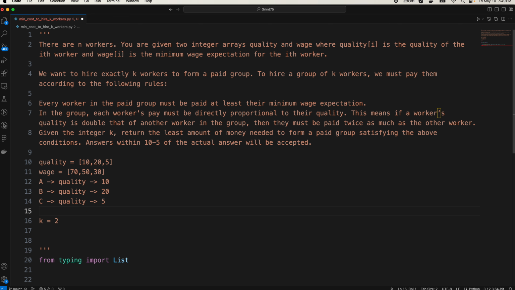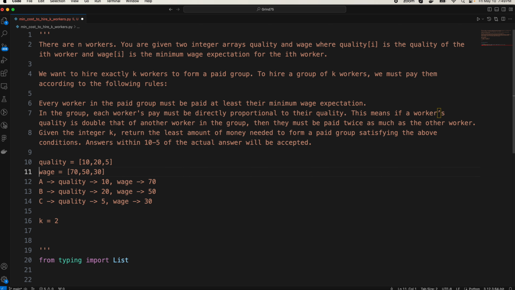A has wage 70, B has wage 50, and C has wage 30. Now we have to form a group of 2 workers.